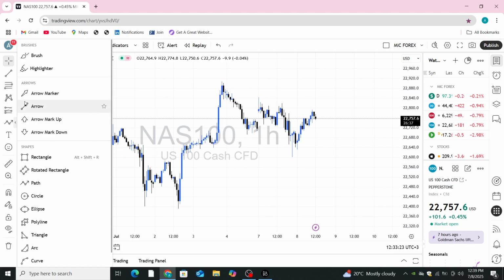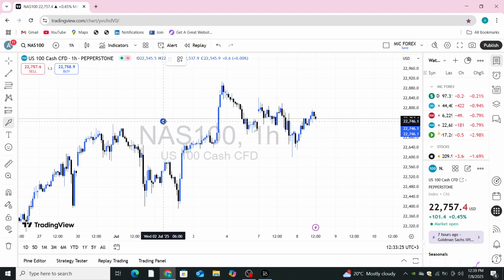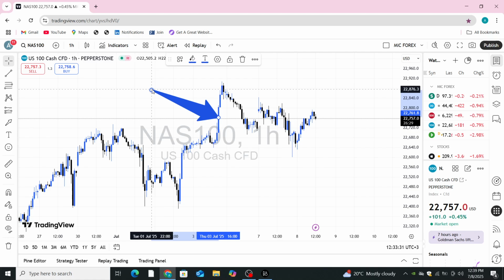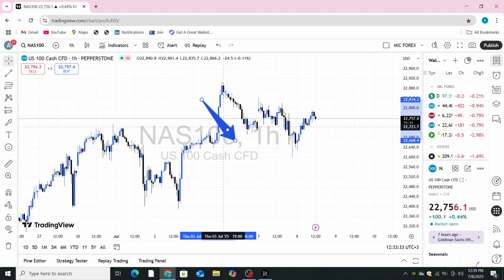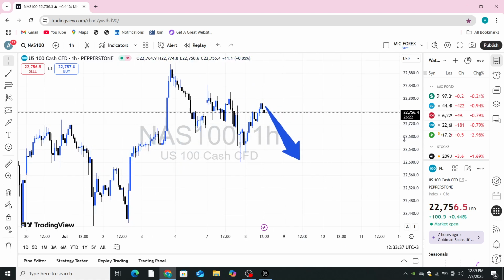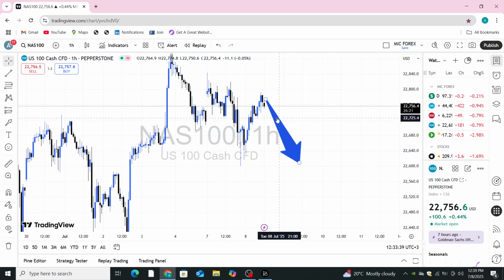You can also find in the same place the arrow. You usually see people doing that, meaning that they maybe want to sell from that point. Like if I do this, you understand that this is a point to sell because I'm forecasting the market to drop down.